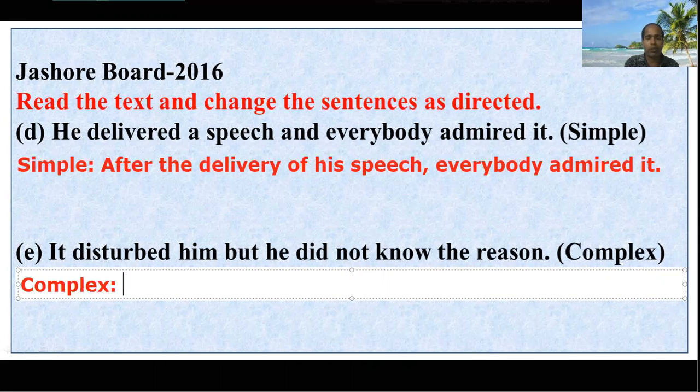Complex. First you have to write "though", then "it disturbed him".